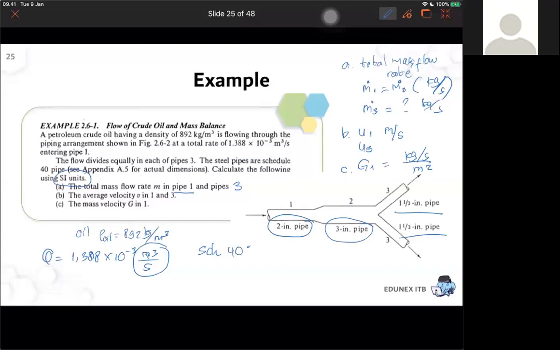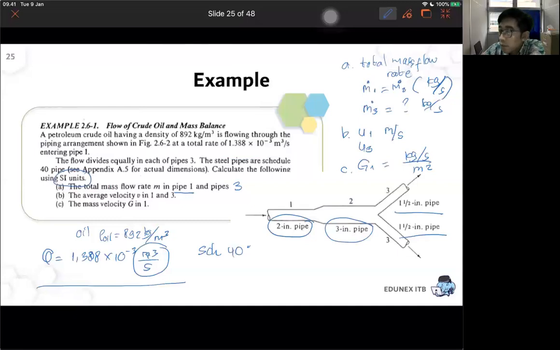For A, I guess you have the density of oil, which is 892. Then after that, you have to find the Q, which is 1.388, right, sir? Yes. Then you can find the mass flow from there, sir. Okay, mass flow is actually the density times Q. Correct.